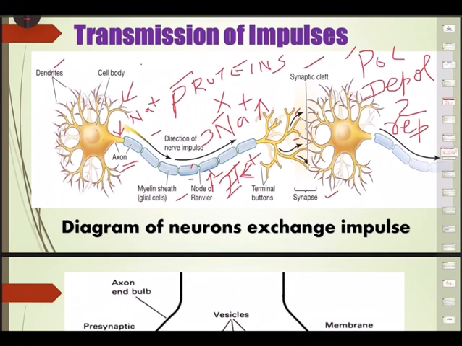Similarly, we also talked about the sodium-potassium pump, which transports 3 sodium ions outwards and 2 potassium ions into the cell. And also the resting potential, where the cell is in a polarized state.